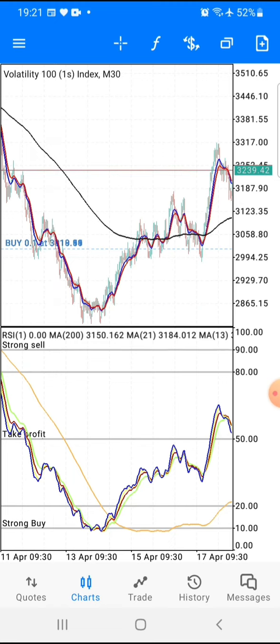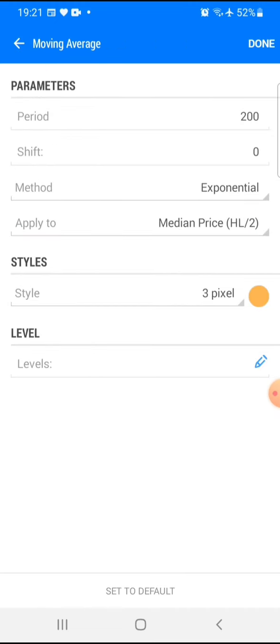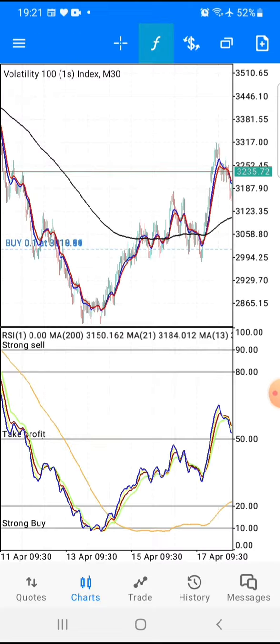On the next indicators we have moving average, period 200, method exponential, applied to median price, style is 3 pixel, and the color is that one, orange.